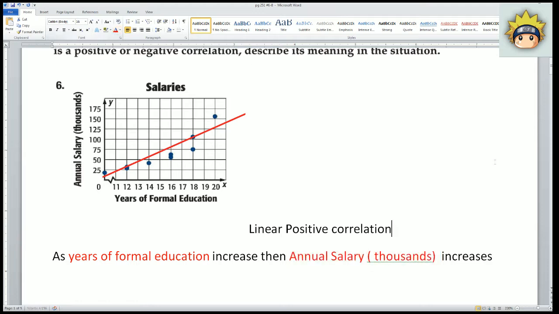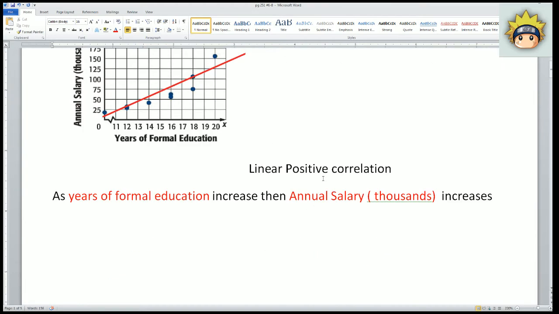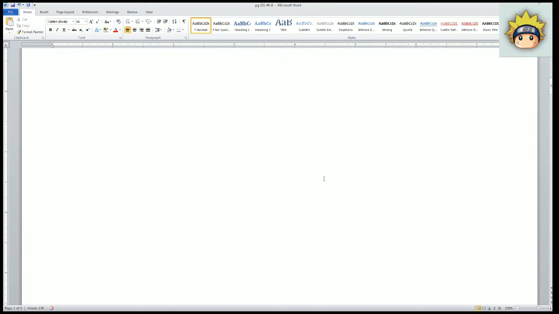What this means is, as years of formal education increase, the annual salary in thousands increases. This is the reason why you should keep attending college, because you keep getting more formal education and you keep going up. So we would call this a positive correlation.